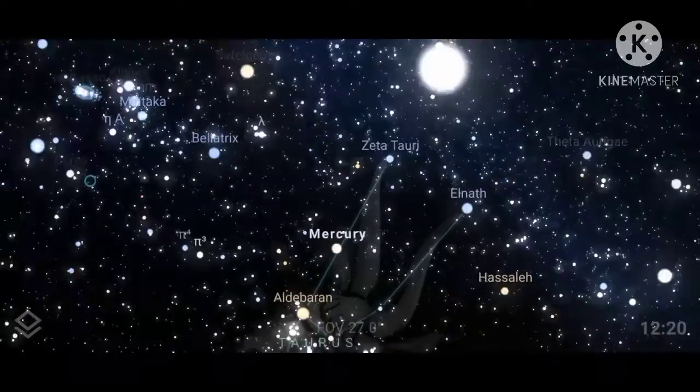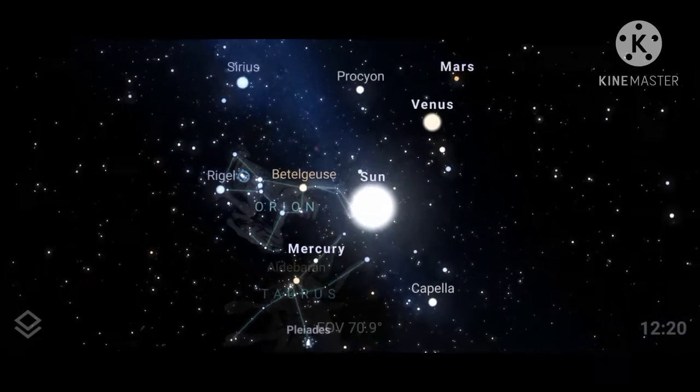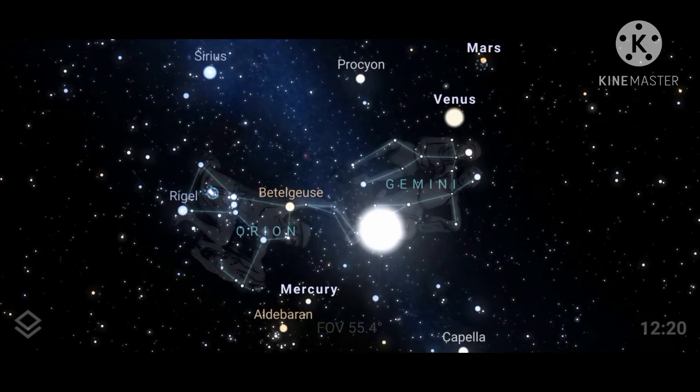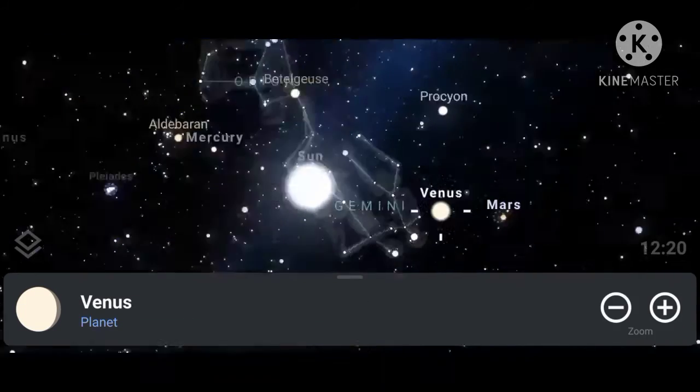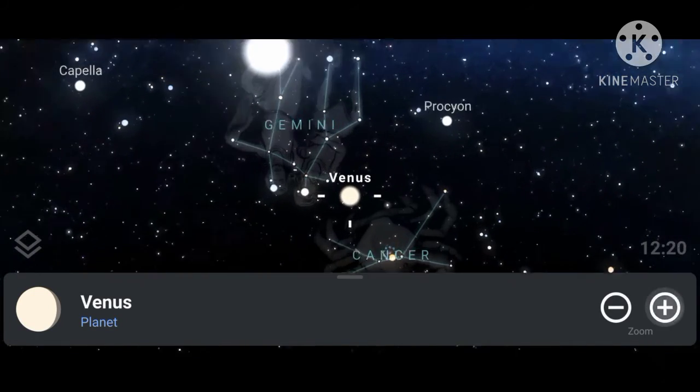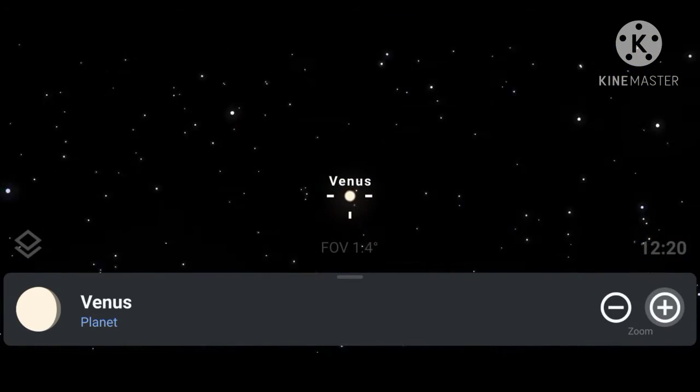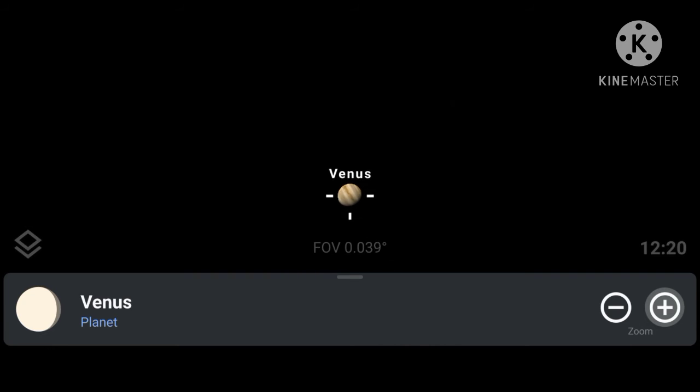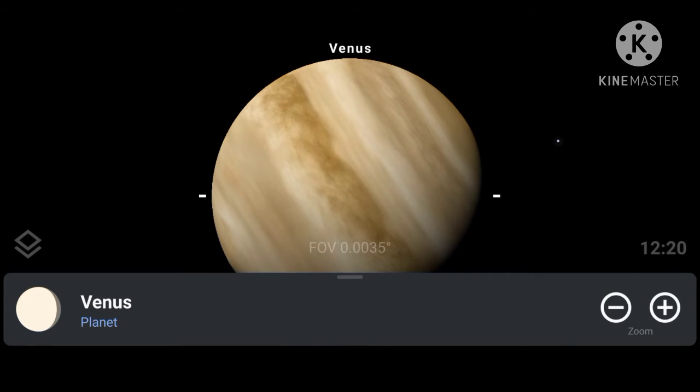So now we can delve into the second planet in the solar system, which is Venus, and it is right there. We can center the position and zoom in. As you can see, the surface and atmosphere of Venus is somewhat similar to Jupiter, as it is distinguishable with the atmospheric bands that surround the planet.